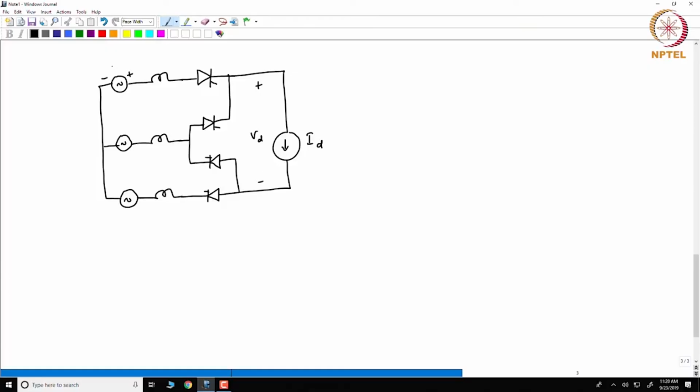So I have EA, EB, EC, L, L, L. So I have valve 1, then below that I have valve 3, then this is valve 6, this is valve 2.